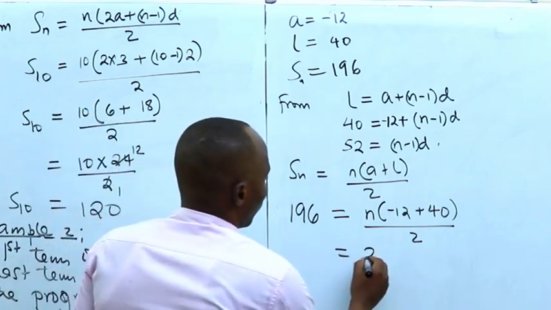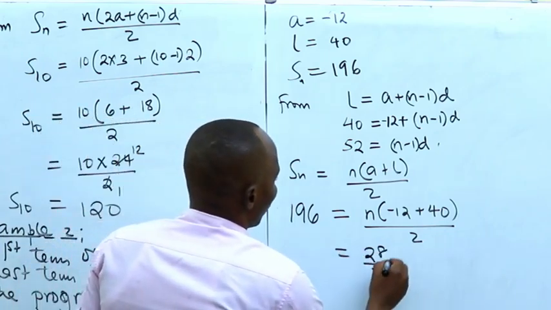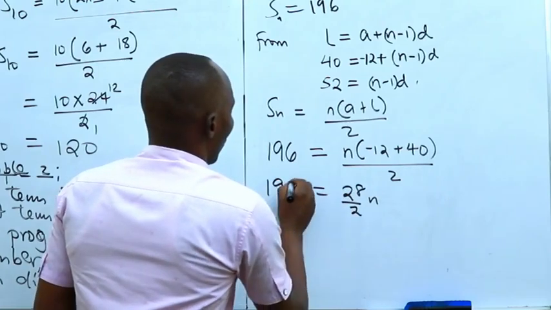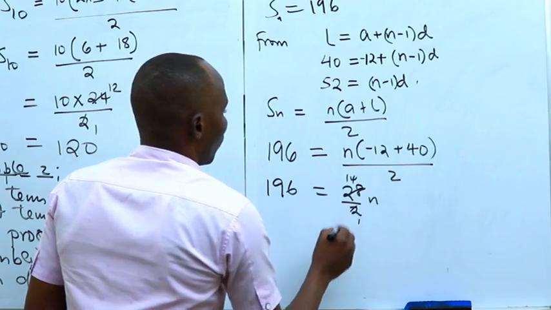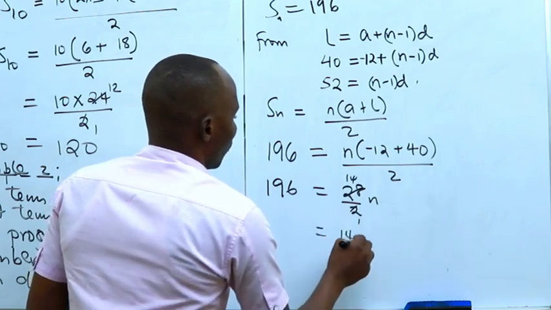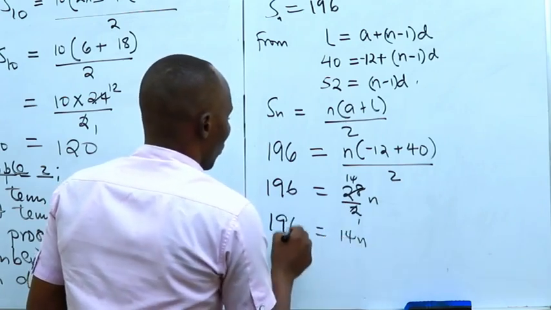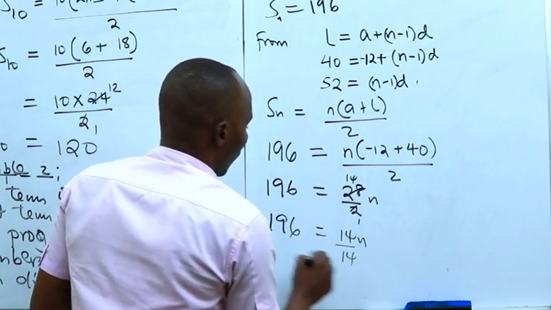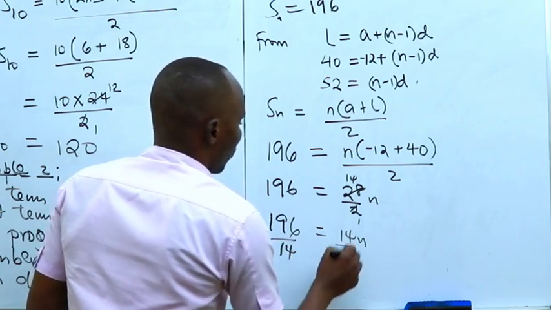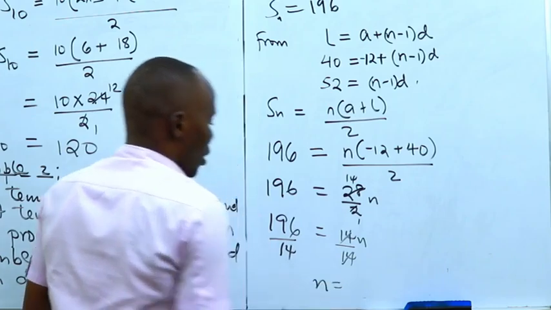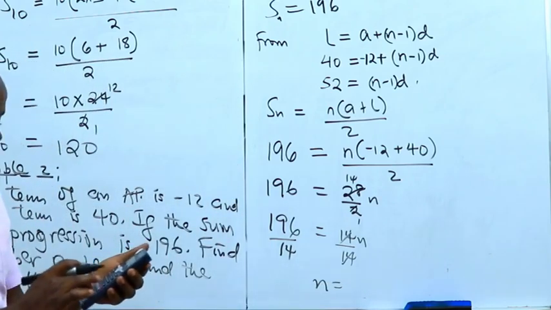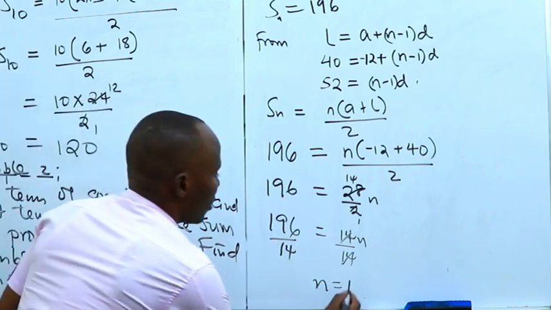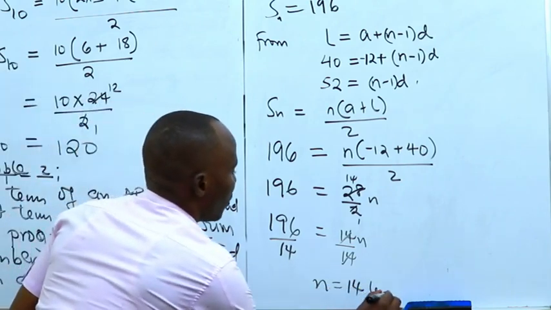So this is 28 over 2n is equal to 196. So 28 by 2 is 14, and we have 14n is equal to 196. Divide by 14 both sides. The value of n is 196 divided by 14, which gives us 14 terms.